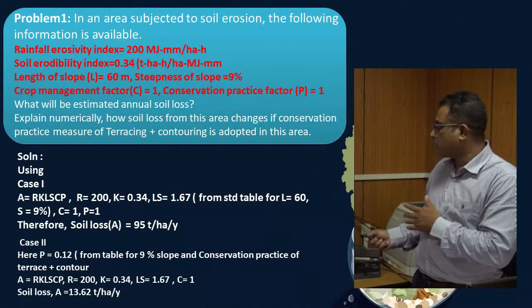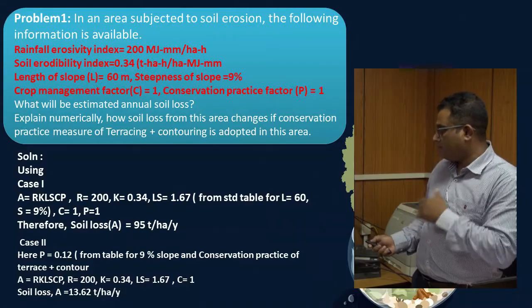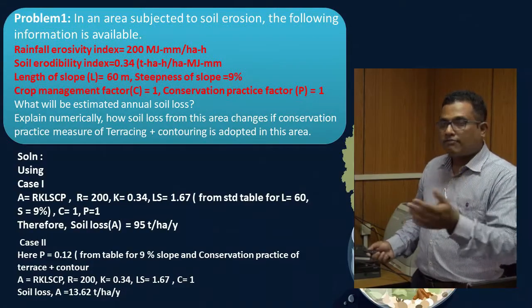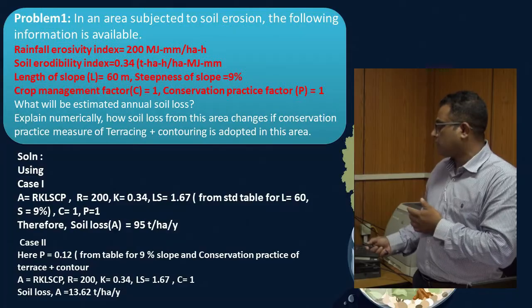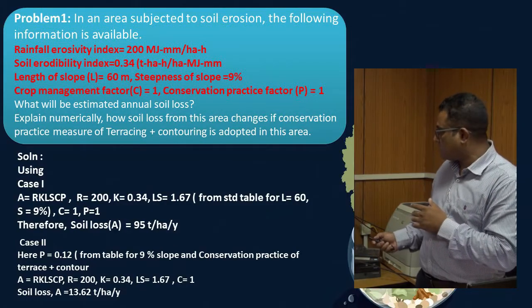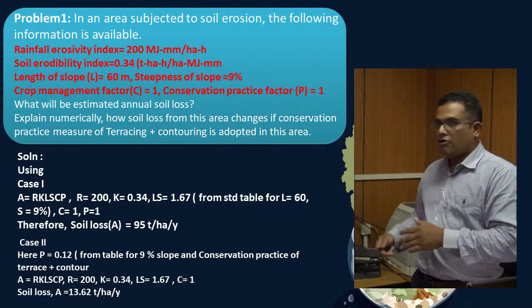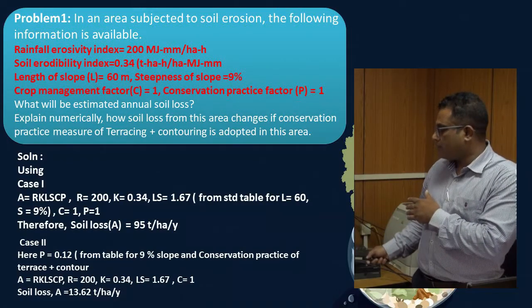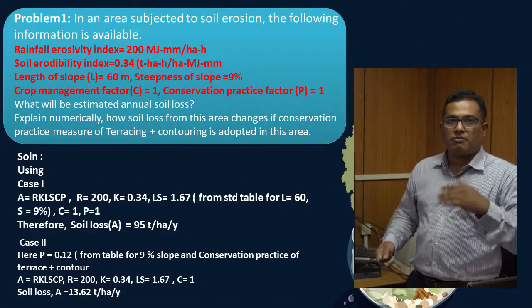So this exemplifies the importance of the P factor as well as C. However, crop management was not done, but still through conservation practice this plot was able to reduce soil erosion by 6 times.